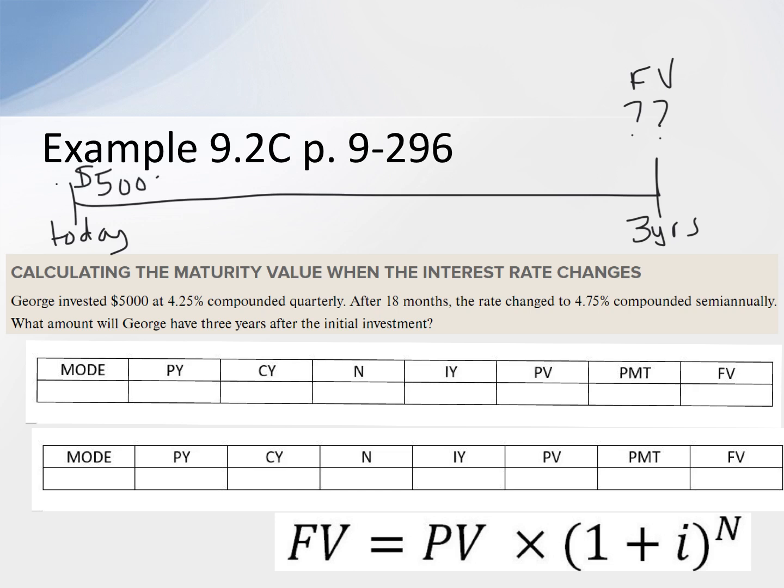And after 18 months, so that will be after a year and a half, the interest rate goes from 4.25 quarterly to 4.75 semi-annually.